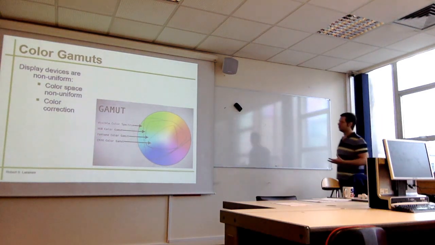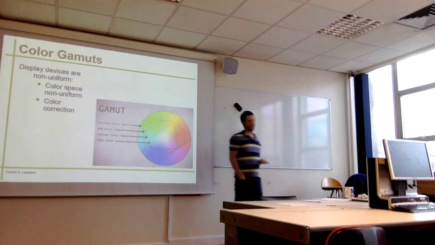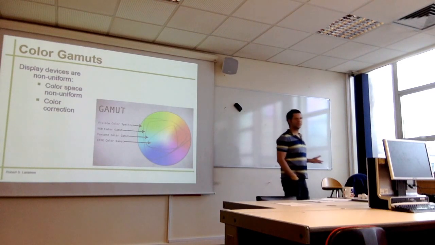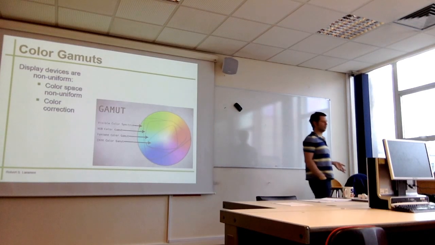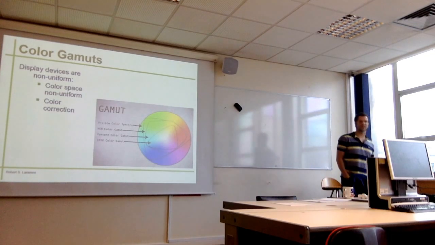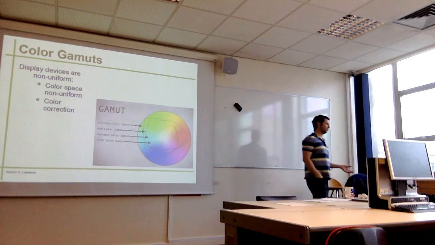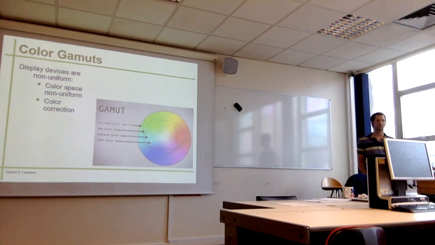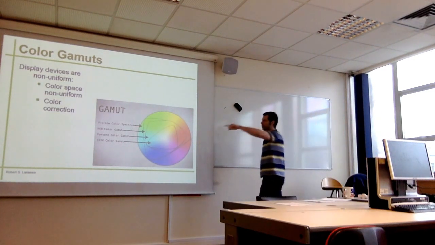This is just a brief mention that different devices can create different sets of colors. It usually depends on how much money you paid for the device. The range of colors that I can see on my laptop is greater than the range of colors that come out of the projector.